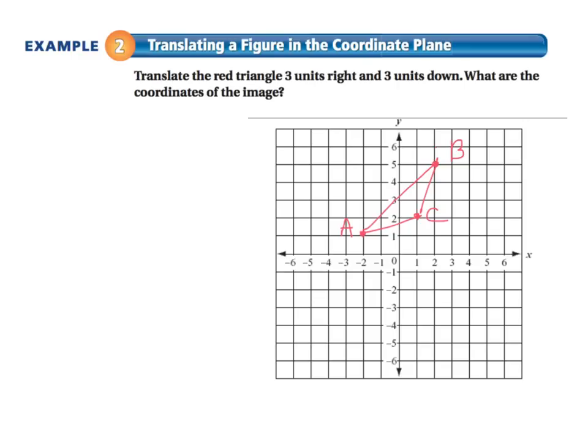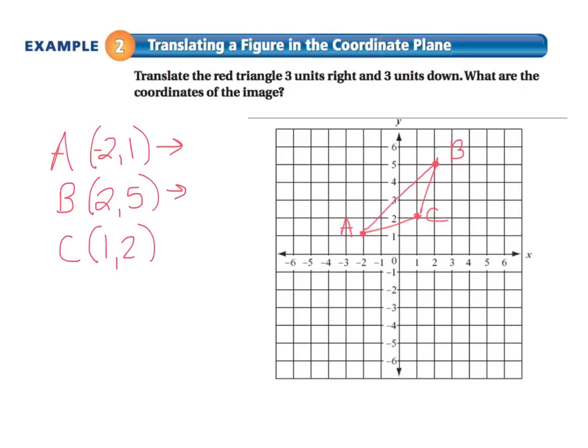So in example 2, we're going to translate the red triangle 3 units right and 3 units down. So point A is at the point negative 2, 1. Point B is at 2, 5. C is at 1, 2. So what happens to each of these?